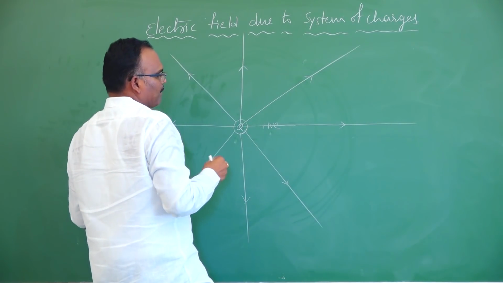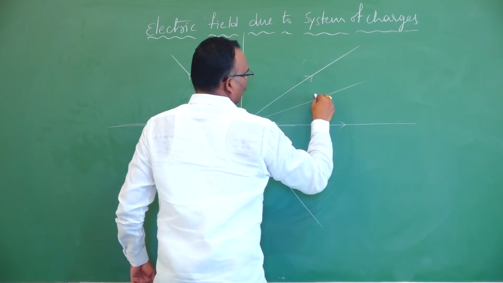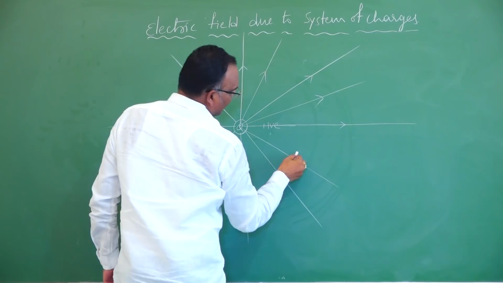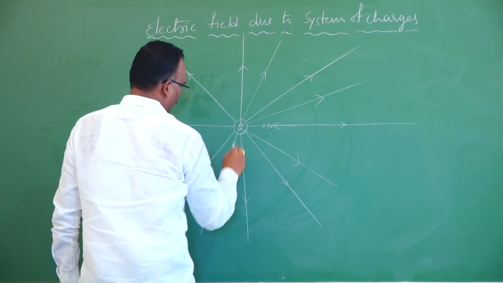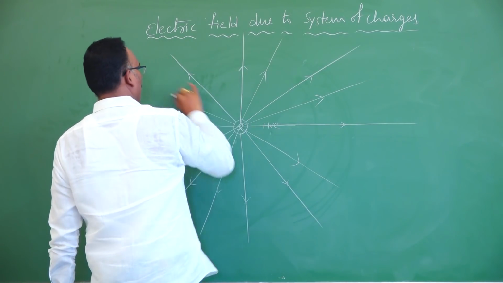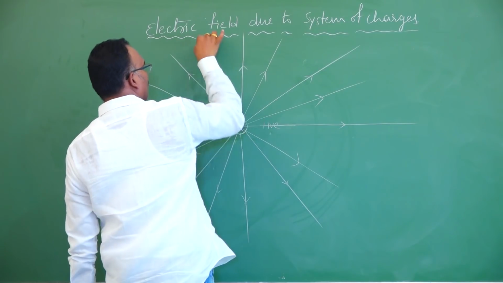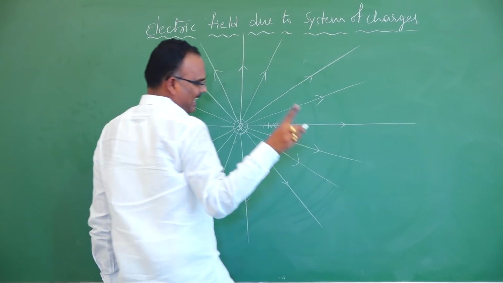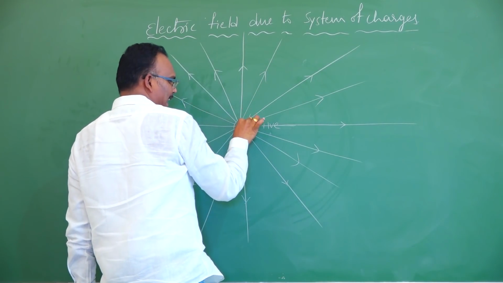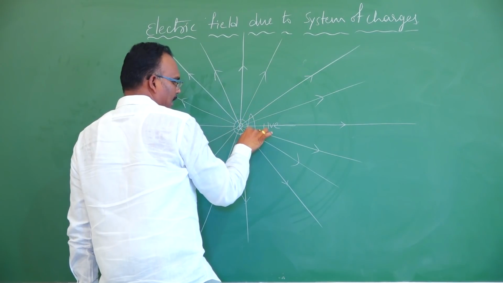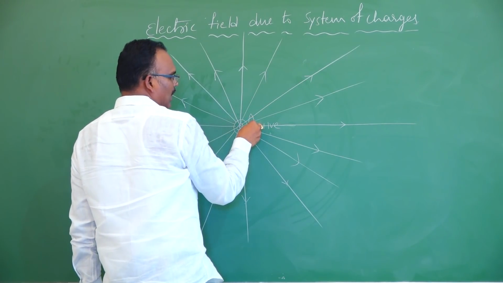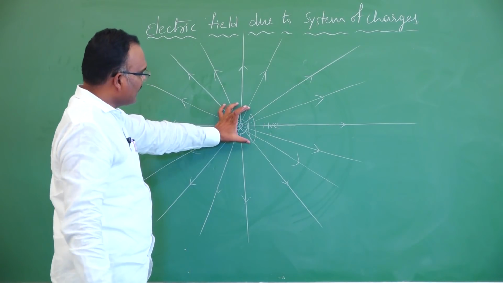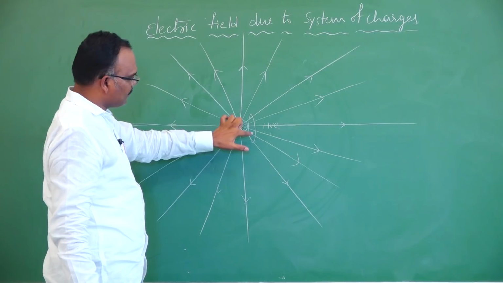For example, if I draw more crowded field lines, you imagine here I placed one bangle. If you place bangle here, 1, 2, 3, 4, 5, 6 lines are passing through this area of the bangle.